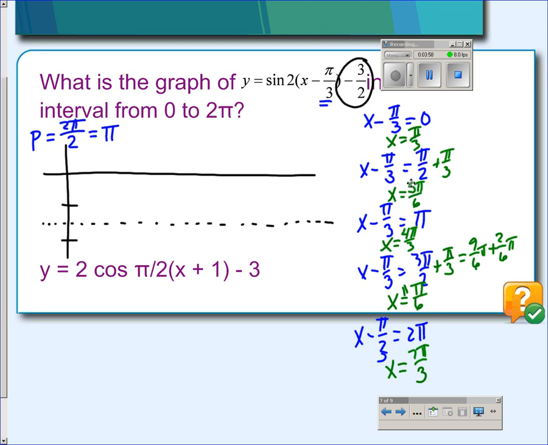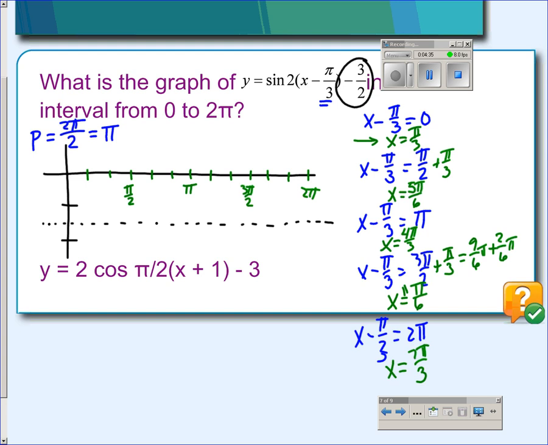So we notice that our first point is at pi thirds. Now we have to count across here. Since our units are basically going in thirds and sixths, let's count by that. This is 1 sixth, 1 third, 1 sixth, 2 sixths, 3 sixths is a half, 4 sixths, 5 sixths, 6 sixths is pi. 1, 2, 3, that's 3 pi halves. 1, 2, 3, there's 2 pi.